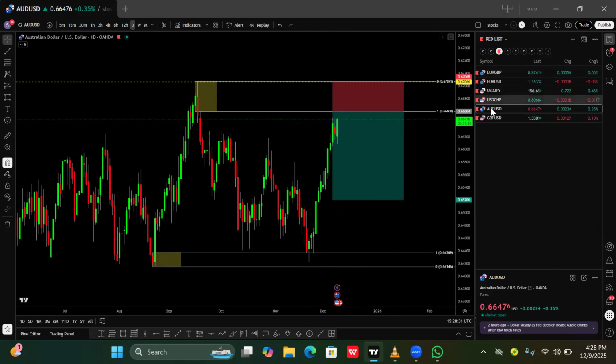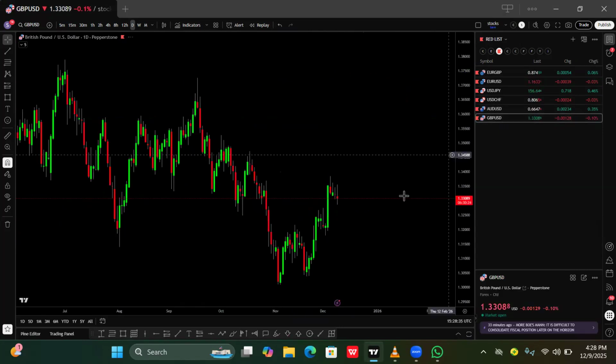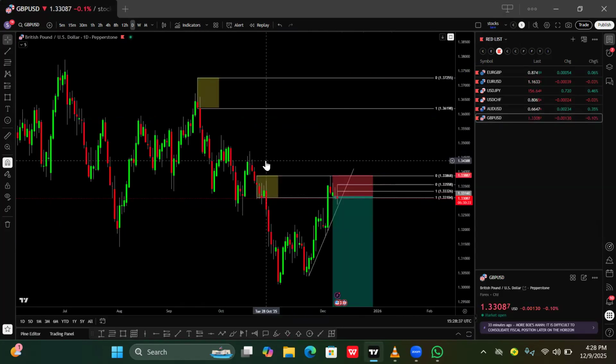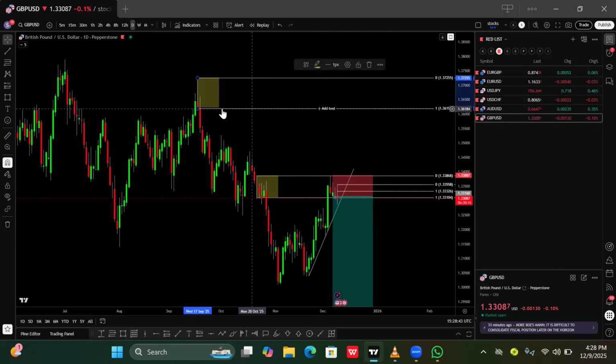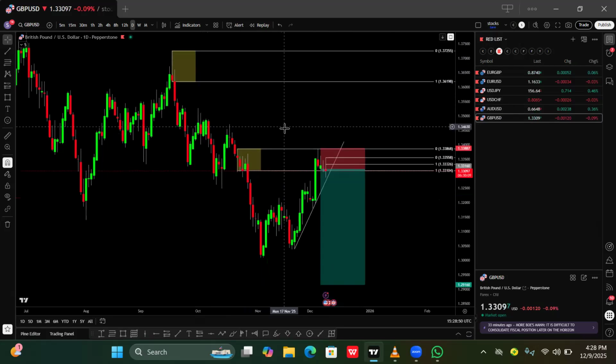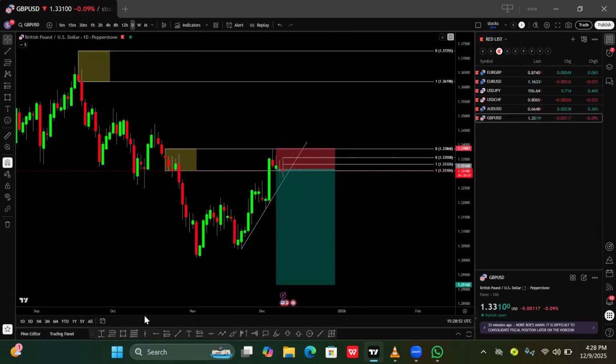So then GBPUSD. Oh, this is the framework. We already established a bearish fundamental outlook, the potential bearish pound, right? Now the next step is our technical analysis.